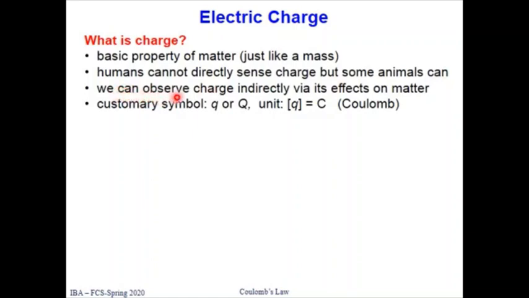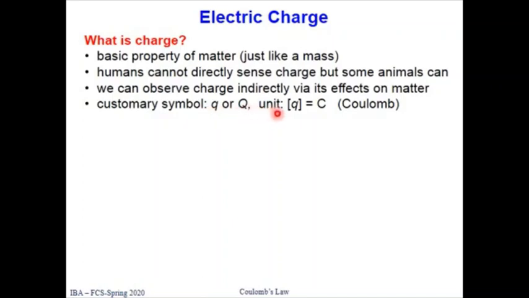We can observe charge indirectly via its effect on matter. Symbolically, it is sometimes represented by small q, and sometimes by capital Q. Depending upon your comfort, you can use whichever you want.